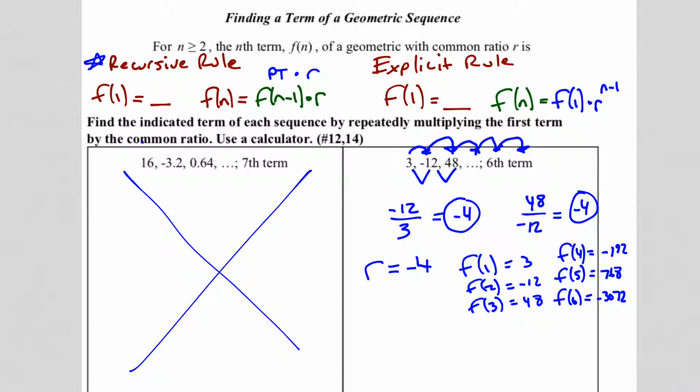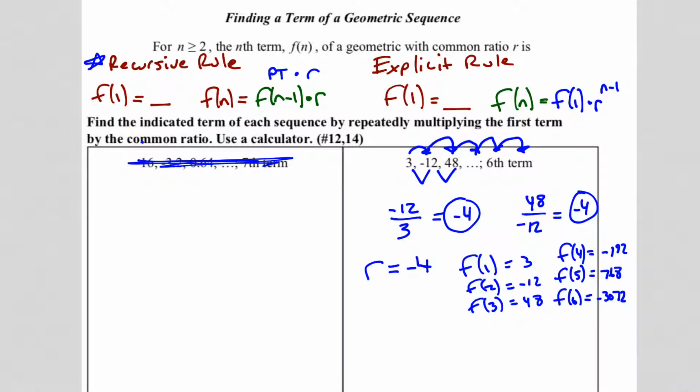I'm going to use the explicit rule over here, and we're just going to pretend like these numbers don't exist here. So here was recursive, and this same sequence for explicit. And let's see, we know f of 1, right?